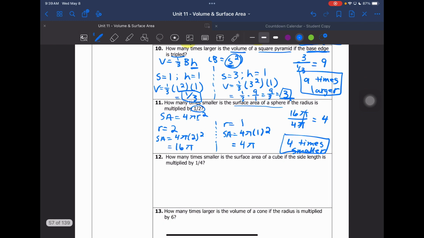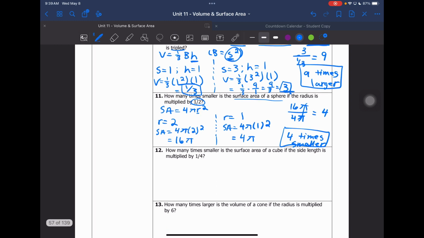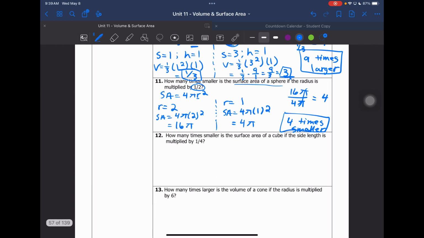Okay, number 12 says, how many times smaller is the surface area of a cube if the side length is multiplied by 1/4? So the surface area of a cube, there's the 2L times W plus 2L times height plus 2W times height.